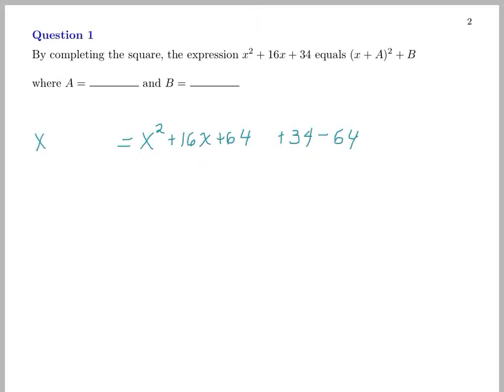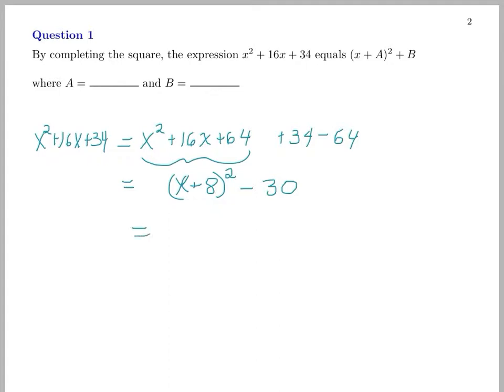This is x squared plus 16x plus 34. But now this factors into x plus 8 squared. And then 34 minus 64 is minus 30.